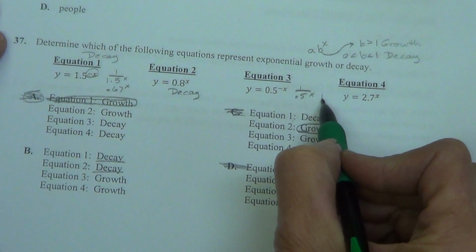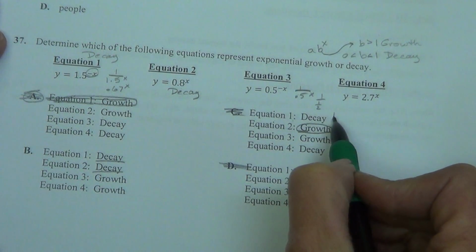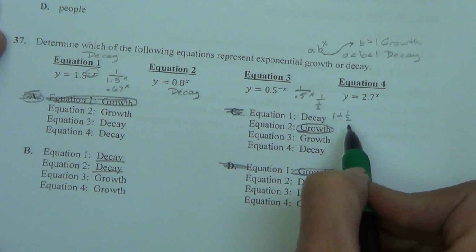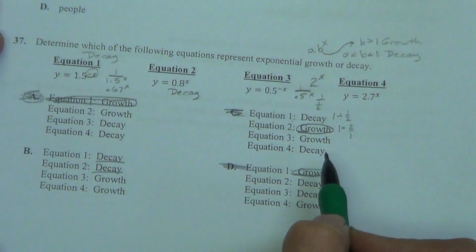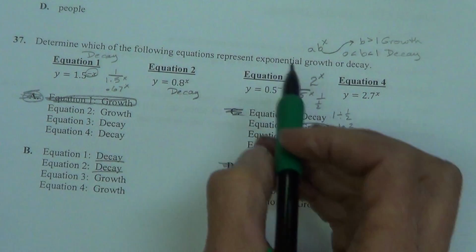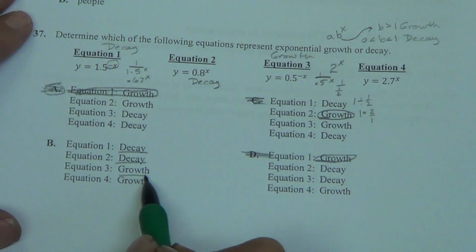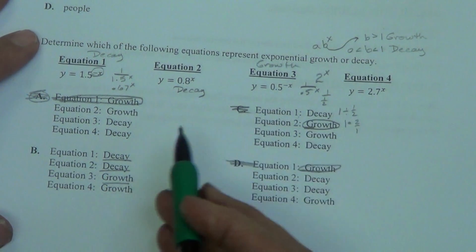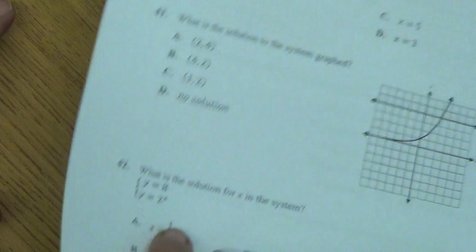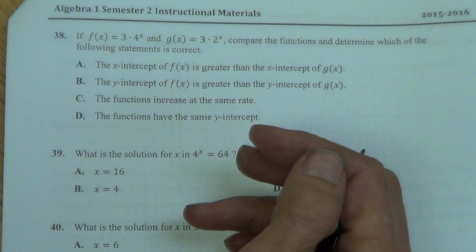You shouldn't ever have 1 over 1/2 and leave it that way. So we take 1 divided by 1/2, which is the same thing as 1 times 2 over 1. So our factor is 2 to the x. That is definitely a growth. With that said, unless you have lots of extra time, it's not a time test, you could stop at that point. This one is obviously growth.